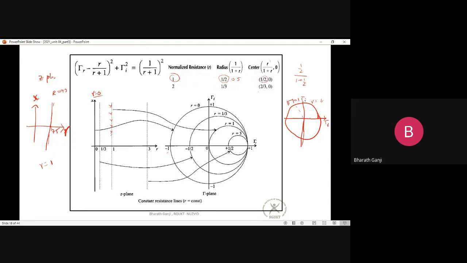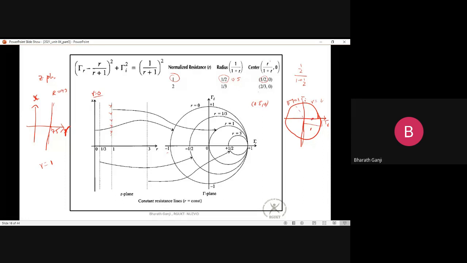Where does 0.5 come? The whole length, the outermost circle's radius, is 1. So the point 0.5, 0 will be exactly in the middle here. And moreover, what is the radius of the circle?